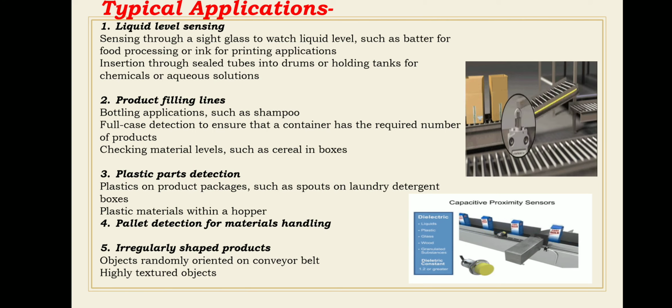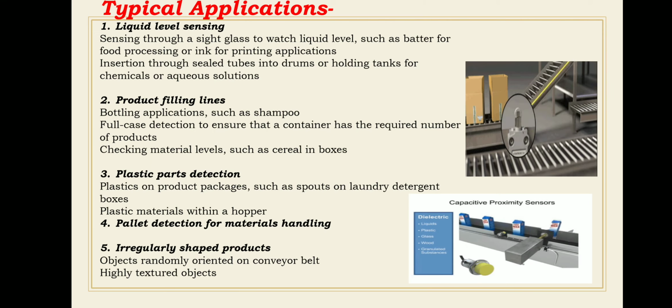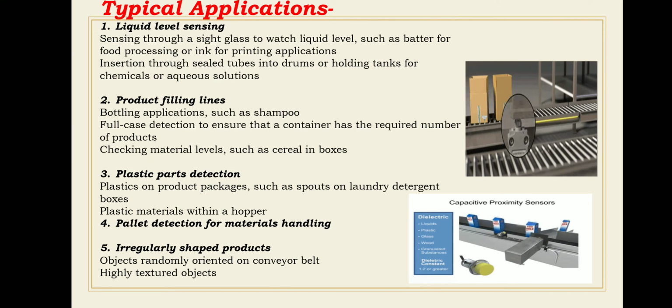Then the third application is plastic part detection. You can directly detect plastic parts, such as plastic on product packages, like spouts on laundry detergent boxes, or plastic material within a hopper.